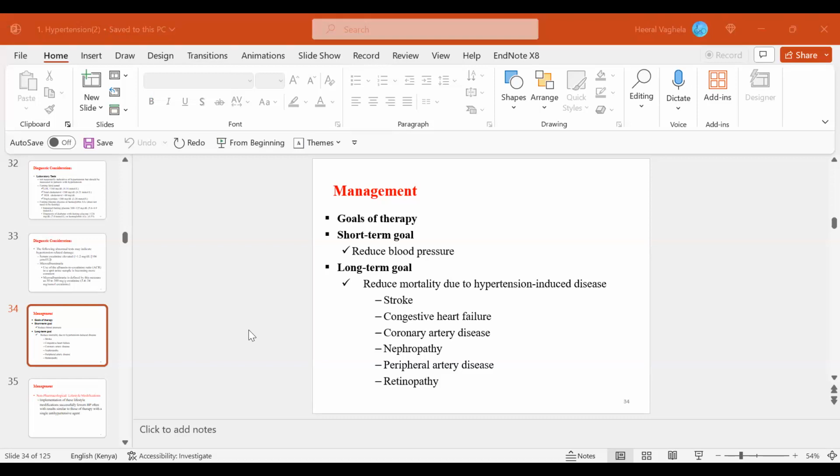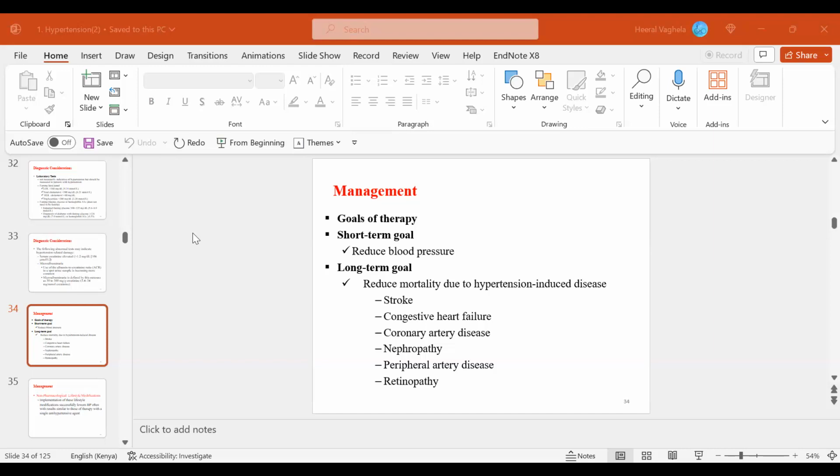There are some diuretics that are given whereby they help in reducing the volume, and when they reduce the volume, the blood pressure goes down. Someone can chip in on that.